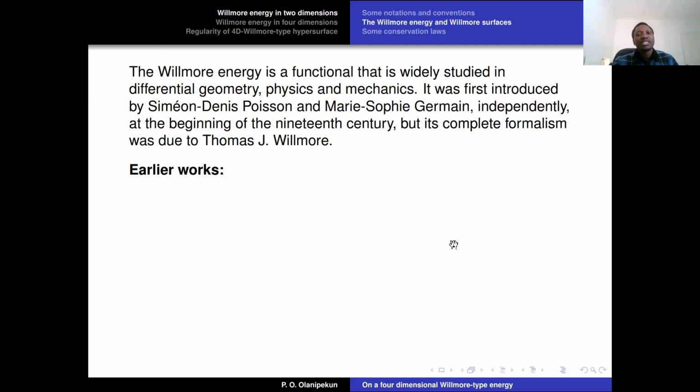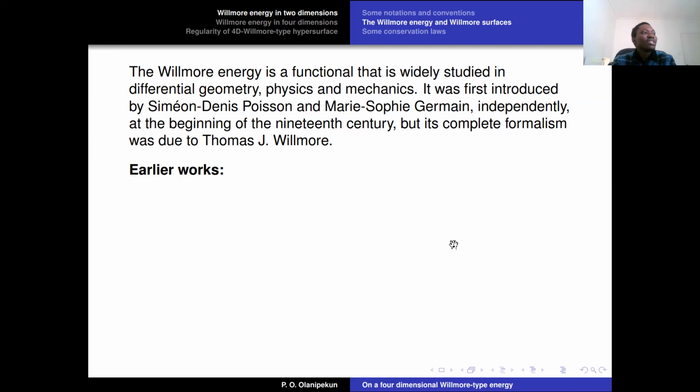So the Willmore energy itself is the integral of the square of the mean curvature, and is widely known to many people working in differential geometry. So that's been studied in literature, studied by physicists, in mechanics as well.